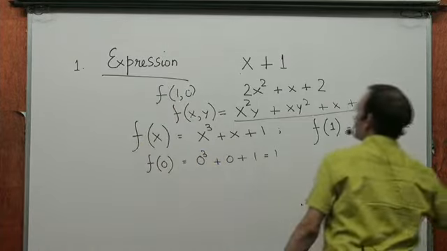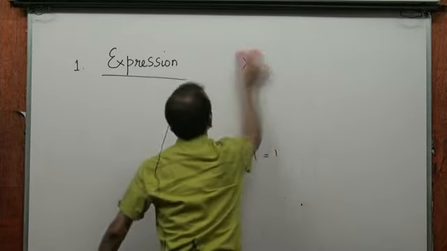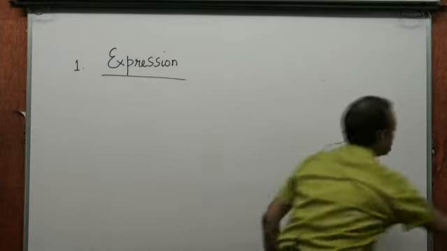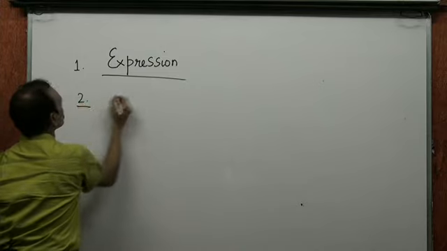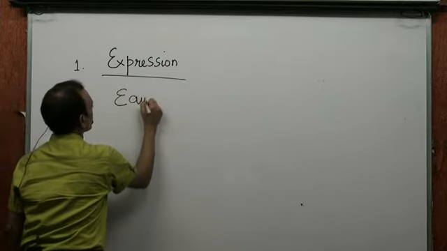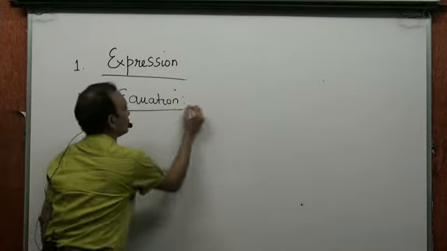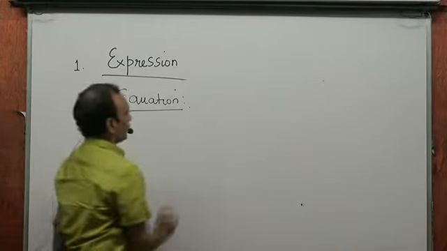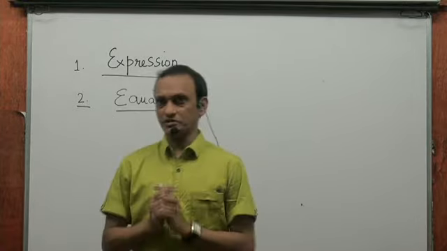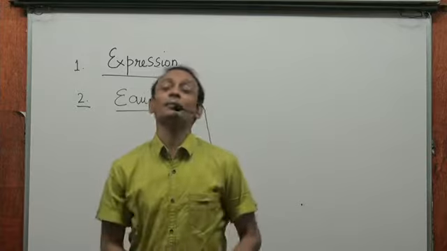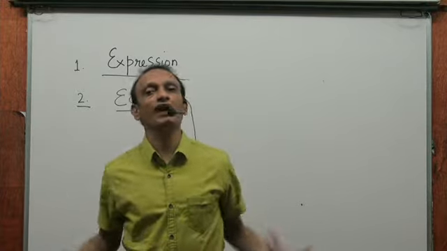Now, the second thing that you want to understand is what is referred to as an equation. An equation is essentially an algebraic statement. But that algebraic statement should be true only for certain set of values.